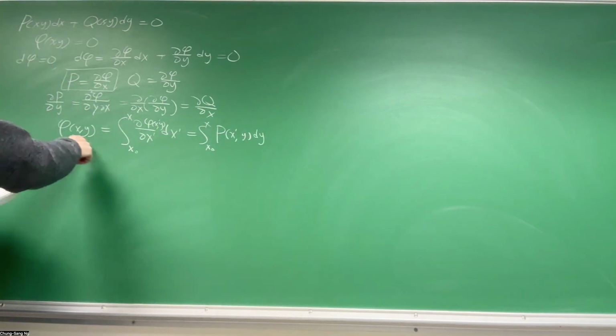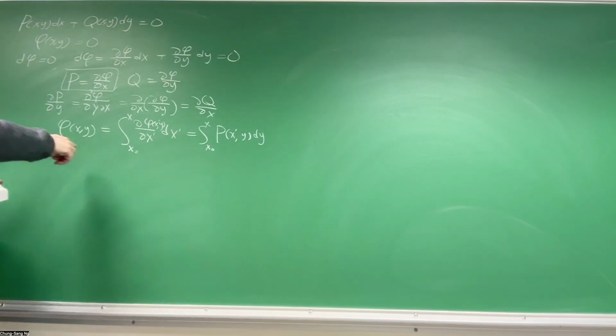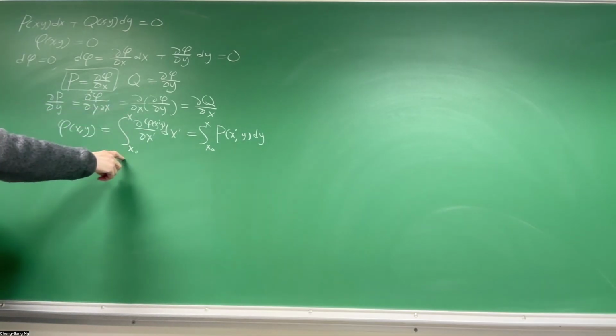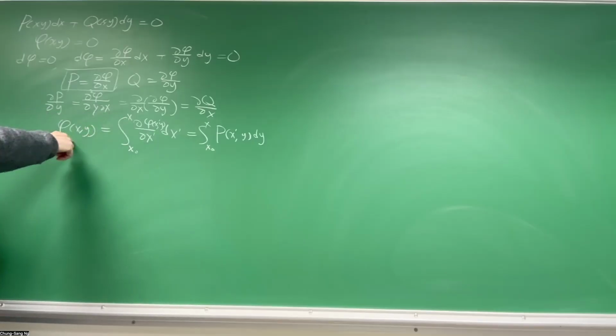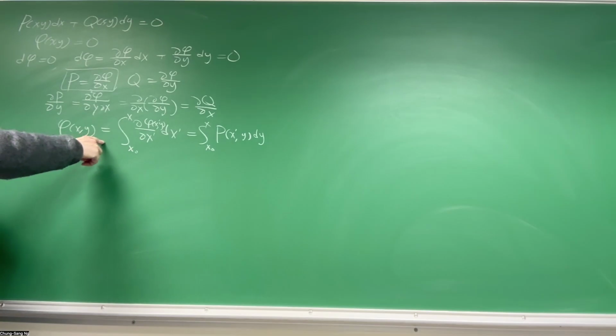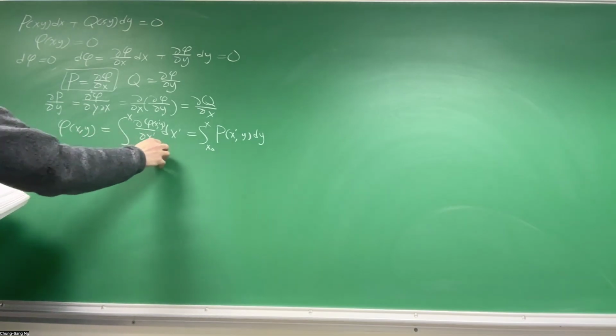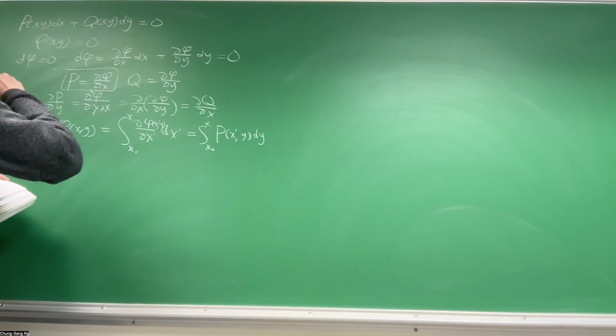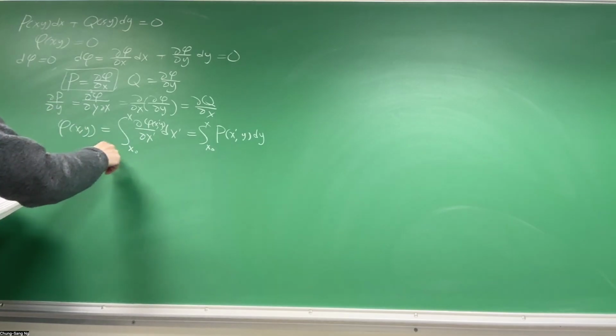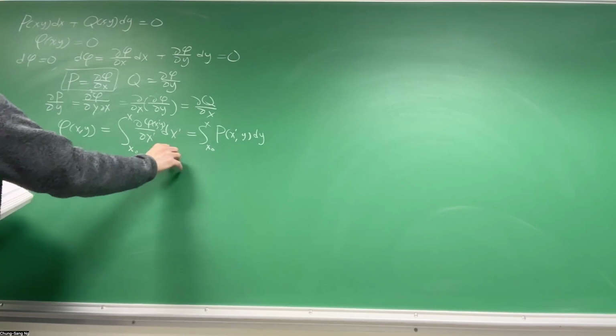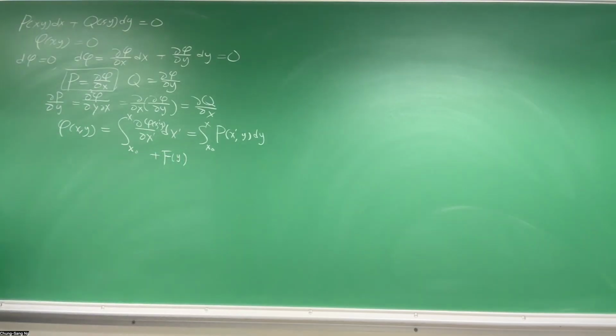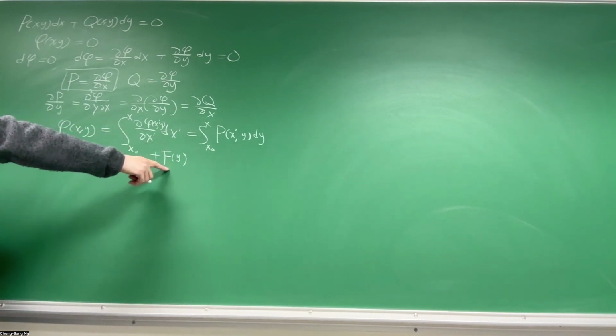And that is not all, because this is a function of two variables, right? But you integrate just one of them, you get a function of x. So there's always an integration constant. Like this, a function of y. If you add a function of y only, then partial phi partial x will give you this term, but it will kill the added term.